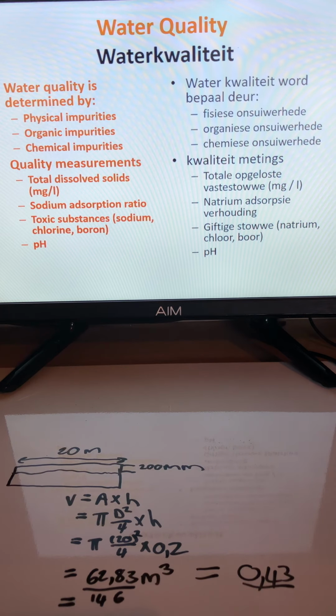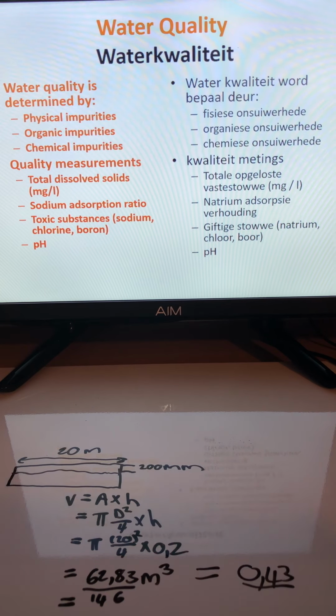And then lastly, water quality. So when you're looking at the quality of the water, if you want to irrigate, maybe 3 things mainly that you look at is the physical impurities, the organic impurities, or the chemical impurities. And when you're looking at the chemical quality of the water, the total dissolved solids is important. So the total dissolved solids refers to especially the salts in the water, and sodium absorption ratio.